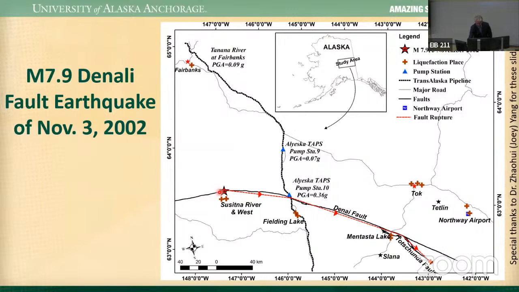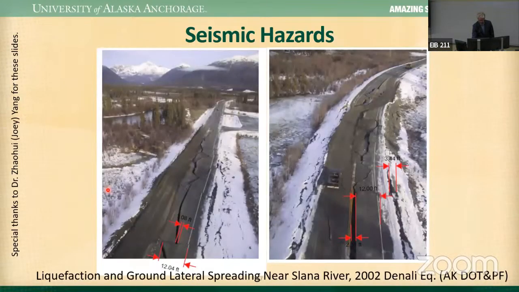But more to the point, the 2002 magnitude 7.9 Denali earthquake, and some of the work that he and some of his students have done on this. One of the things they found was some lateral spreading and liquefaction due to roadway construction over permafrost. This was some damage that was measured and evaluated after that earthquake.